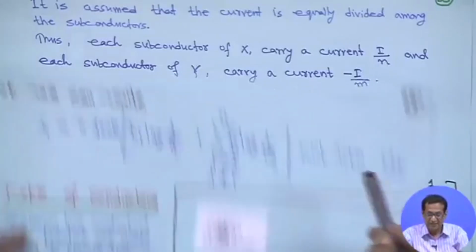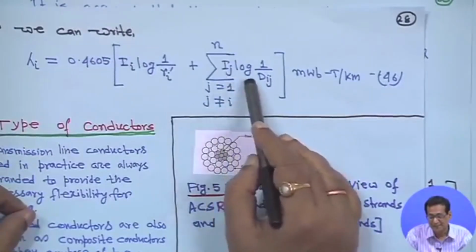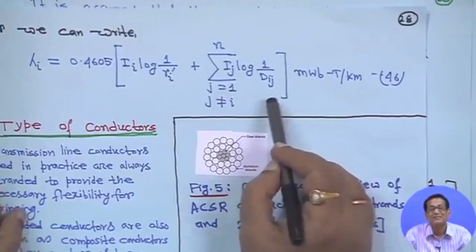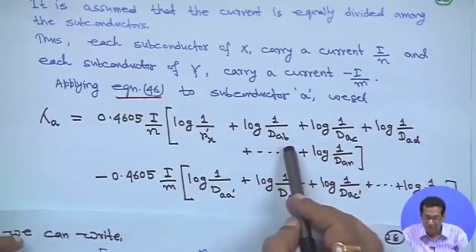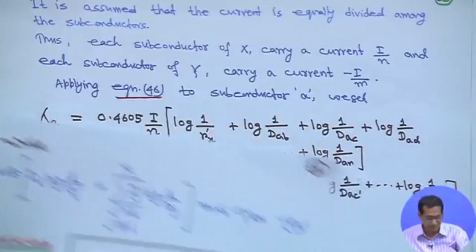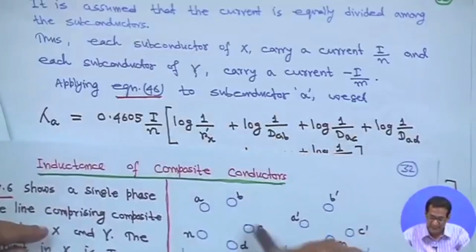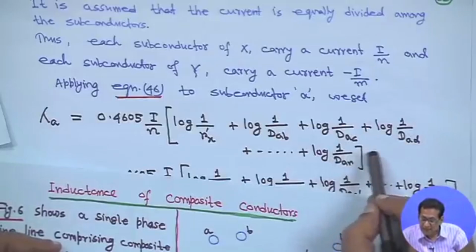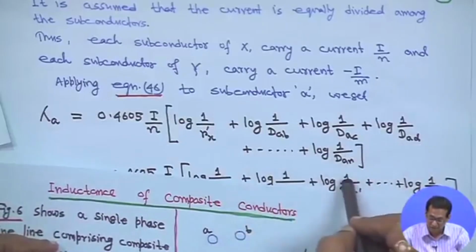Here it was given in terms of the general one, j equal to 1 to n, j not equal to i, log 1 upon dij, but ij can be replaced by a, b, c, m and written out. So we can write log 1 upon dab, that means the distance within this group, then log 1 upon dac, then log 1 upon dad, up to log 1 upon dan.